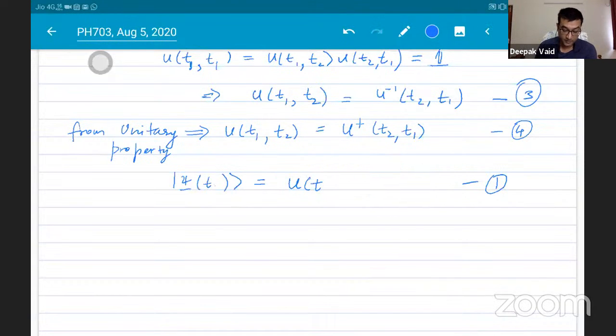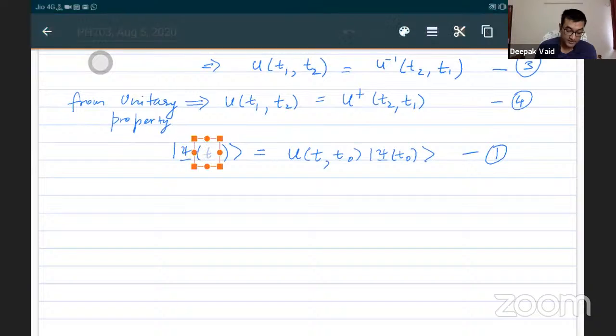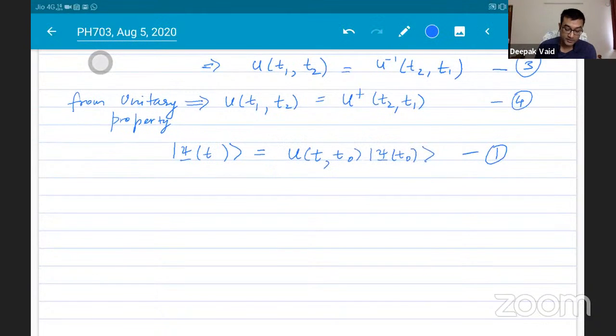So we want to understand the time evolution of this state from an initial time to some final time. We don't know what that final time is. It could be T2, it could be T3, right? And now we take the derivative of both these sides with respect to T.